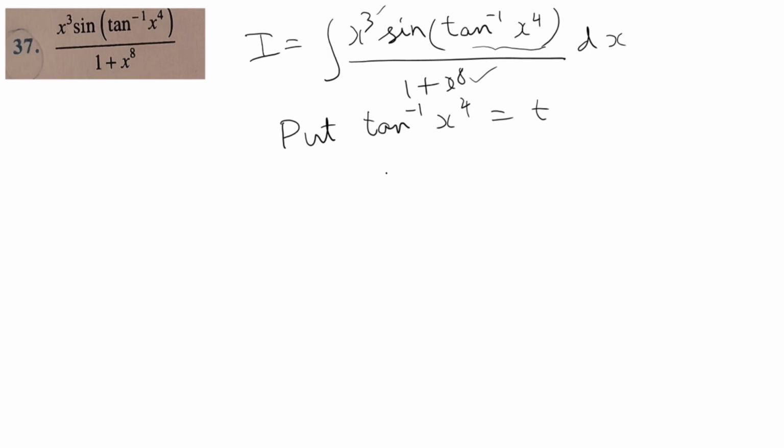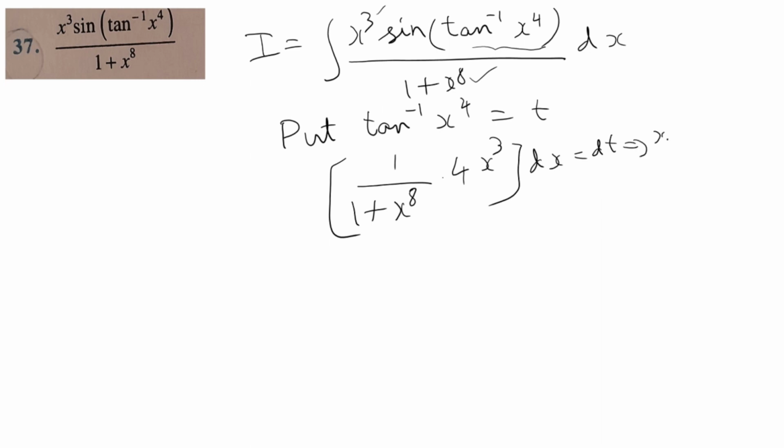When we differentiate tan inverse of x raised to 4, we get 1 by (1 plus x raised to 8) into the derivative of x raised to 4, which is 4x cube, dx equal to dt. So we get x cube by (1 plus x raised to 8) dx equal to 1 by 4 dt.